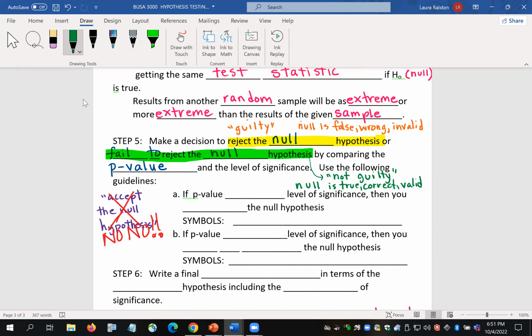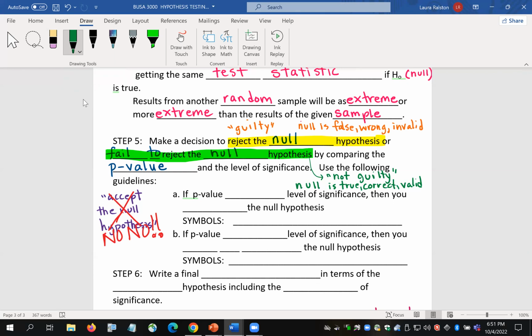Okay, and notice, even in a court case, notice how we word it. We say they're not guilty. We do not come back and say that the defendant is innocent. We just say they're not guilty. Based on the evidence, there is not enough evidence to convince the jury that he did the crime of which he is accused.